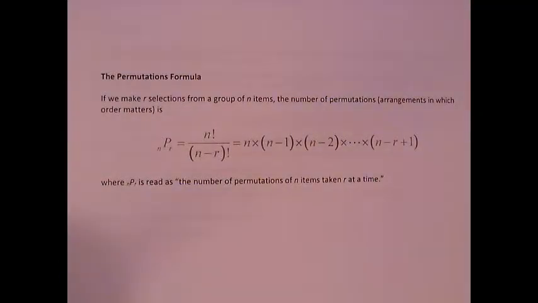And here they're using n times n minus 1 times n minus 2 times, and so on, all the way down to n minus r plus 1. And here nPr is read as the number of permutations of n items taken r at a time. Okay, that's what that means.